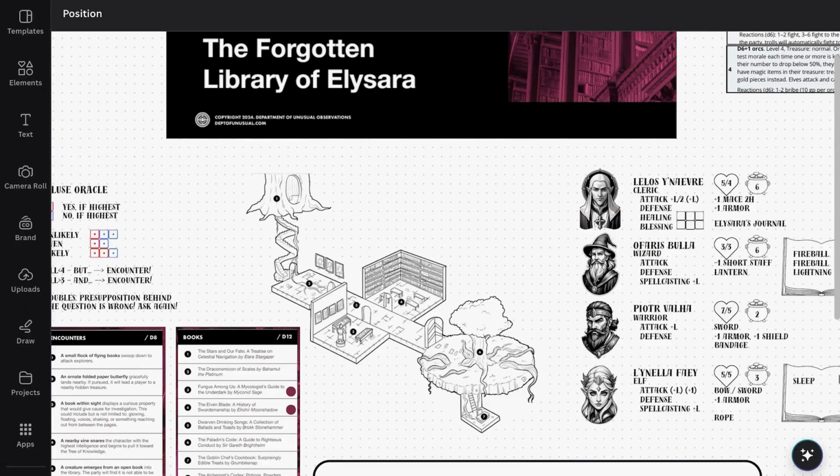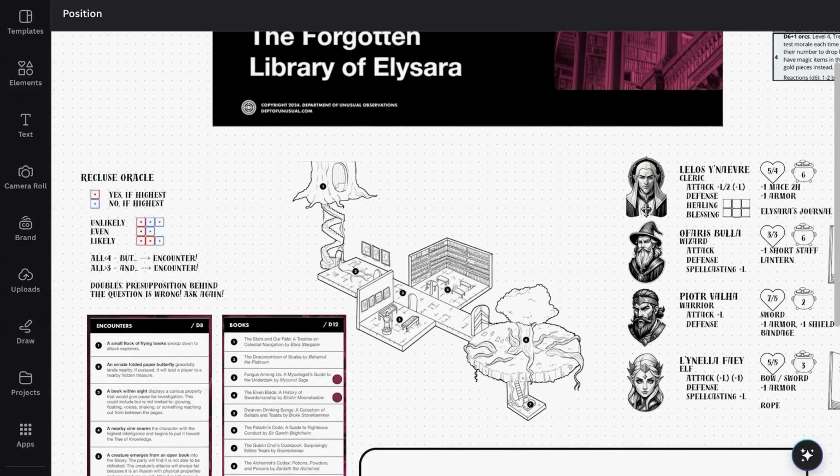They can see the different places, and as Lelos and Opharis already learned a lot about this place, Elysara, the library, and this whole story, they recognize the stages of Elysara's journey. So now the question is what Piotr and Linella do in the meantime. Of course, there are these artifacts and treasures, and let's see what they can find here.